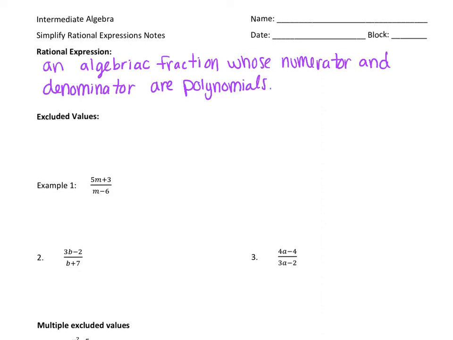So for example, if I had 5x minus 7 over 2, that'd be an example of a rational expression.